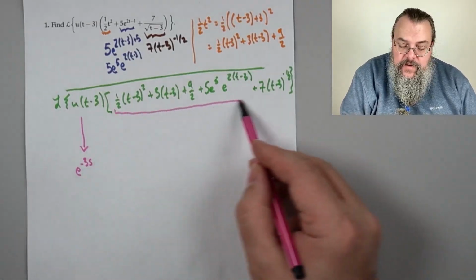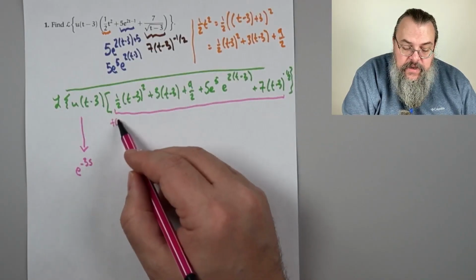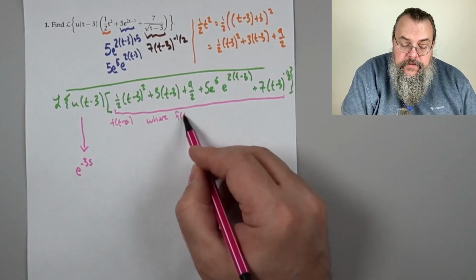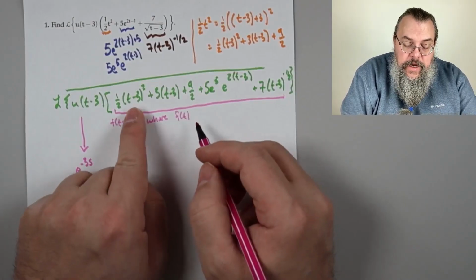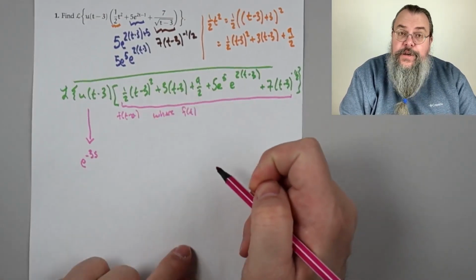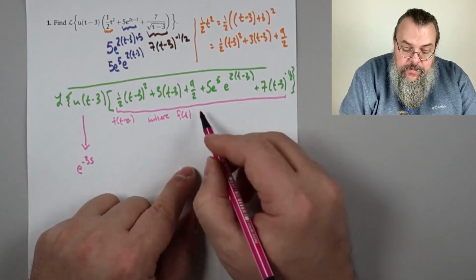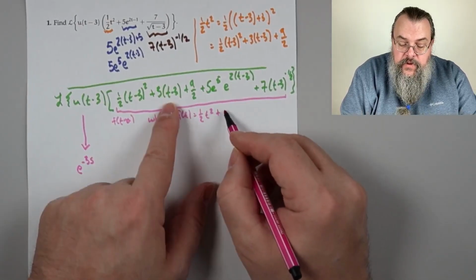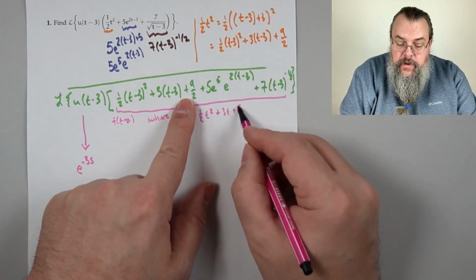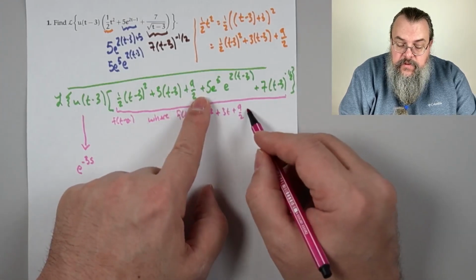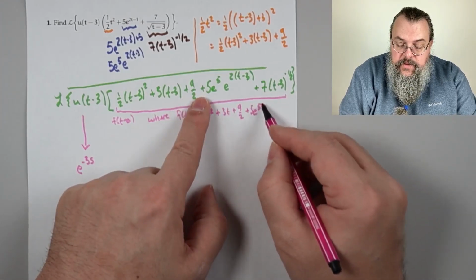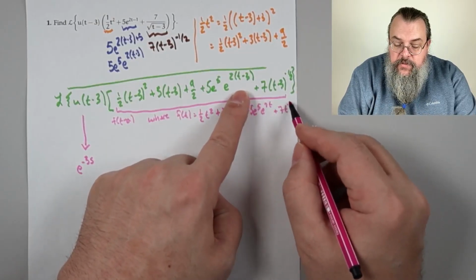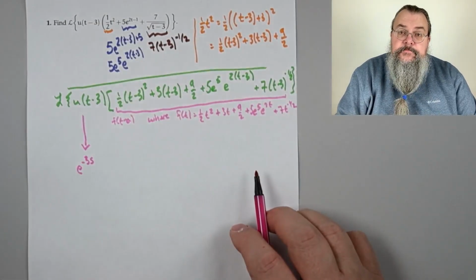So this is f of t minus a, where, what is f of t? Well, to figure out f of t, everywhere you see a t minus 3, put in t. So it'd be 1/2 t squared plus 3t plus 9/2 plus 5e to the 5th times e to the 2t plus 7t to the minus half.